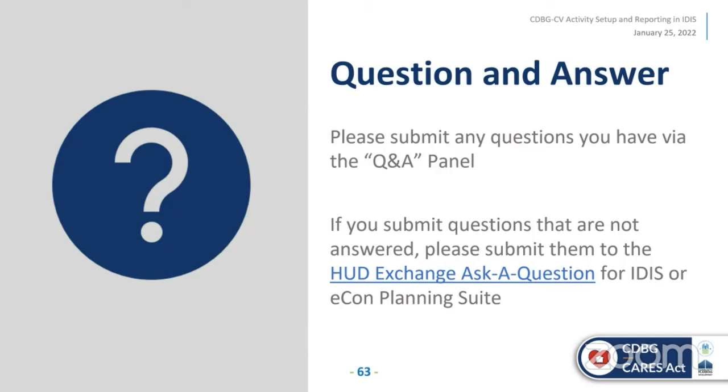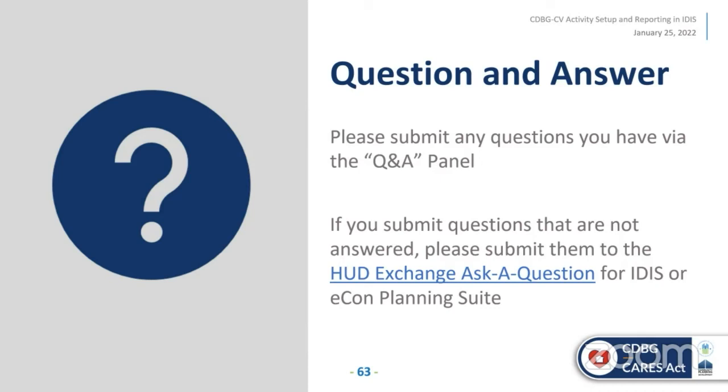Is that one that we answered? Yes, verbally, and I was just reading other questions. But we can reemphasize that the matrix code of the activity will determine what category the expenditures are going to show up in on the PR26 report.